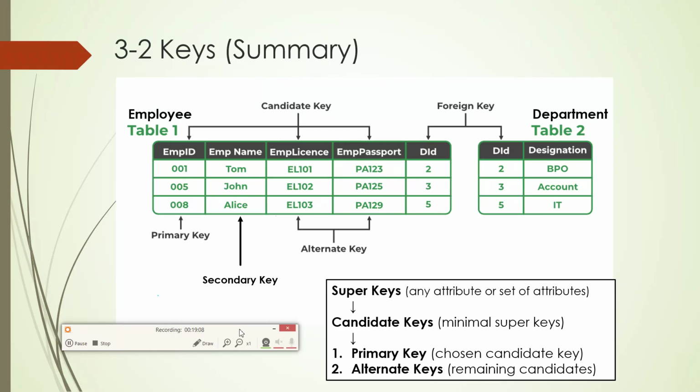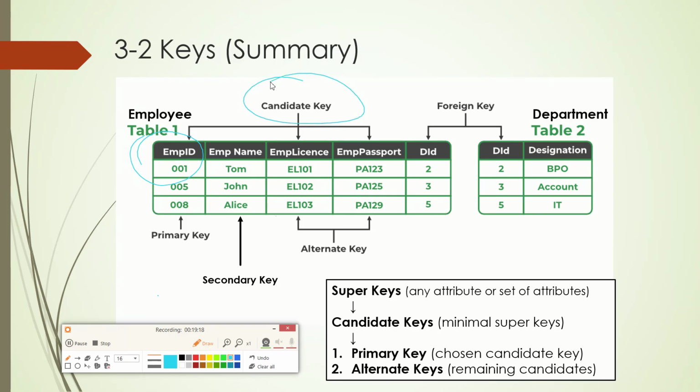This is our primary key attribute, and the primary key is selected out of the many candidate keys, and when you select the primary key, the remaining candidate keys become the alternate keys. And when you use the primary key of one table in another table, that is called the foreign key. And when you are using any attribute for searching purposes, that is called the secondary key.